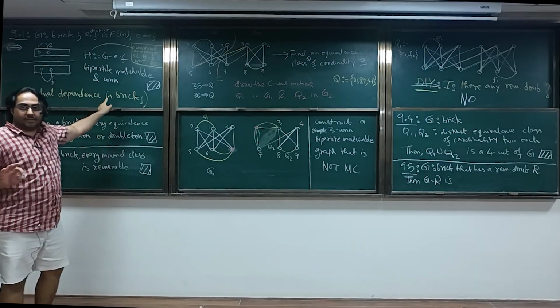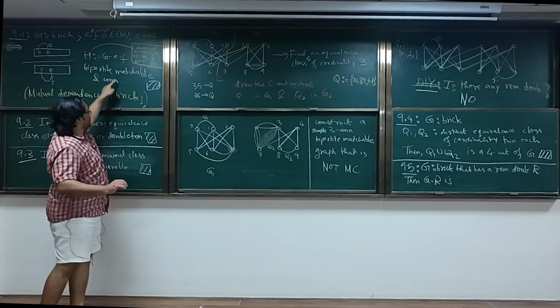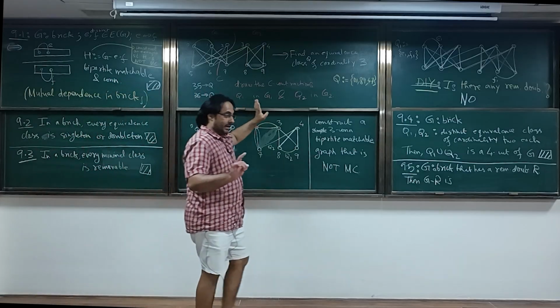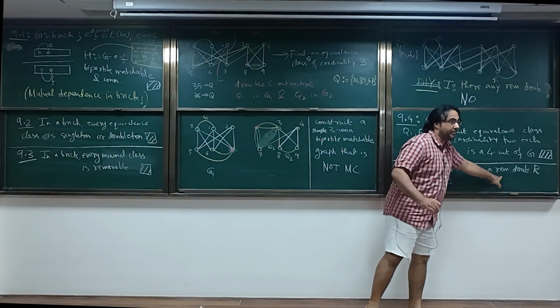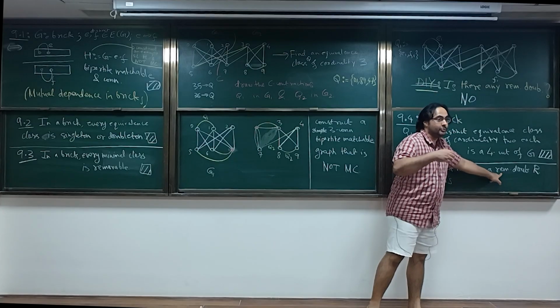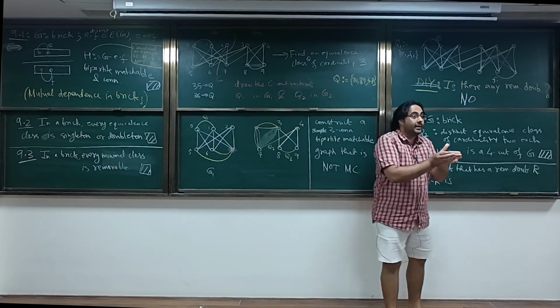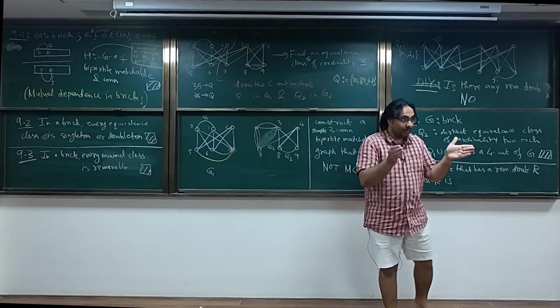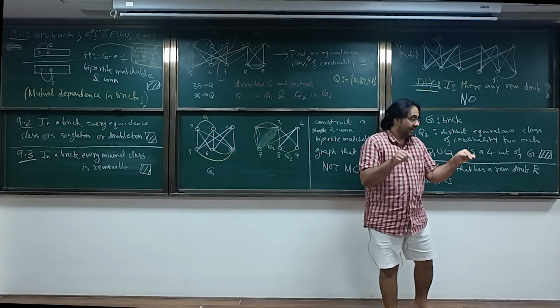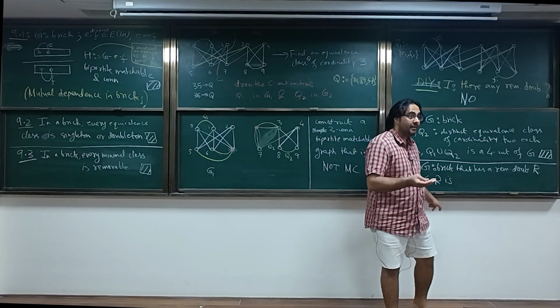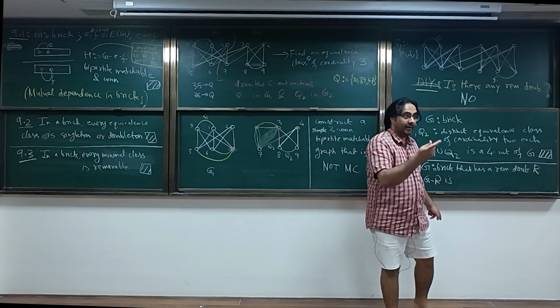All this is fine. It is a bipartite matchable connected graph. That much is clear. But this is not only a pair of mutually dependent edges. This is a removable doubleton, which means it is a whole class. There are no other edges in this equivalence class. That means G minus R is matching covered.